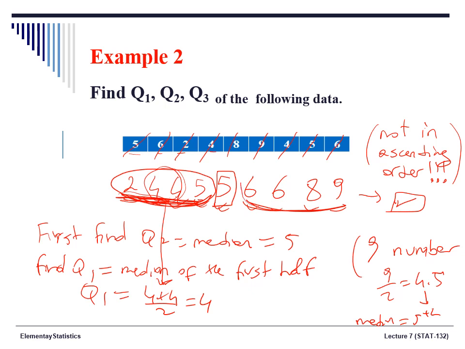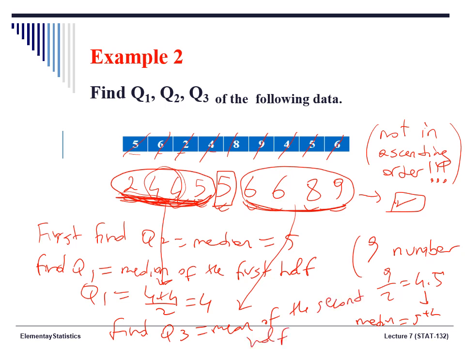And we do the same thing for the second part, and it corresponds to Q3. So Q3 is the median of the second half. What's the median of the second half?